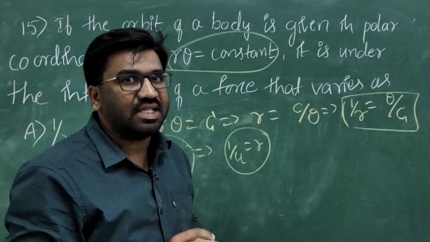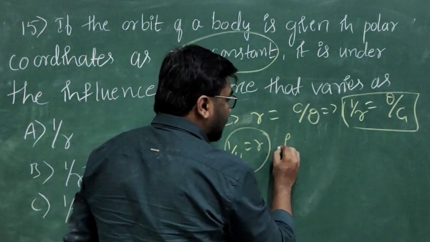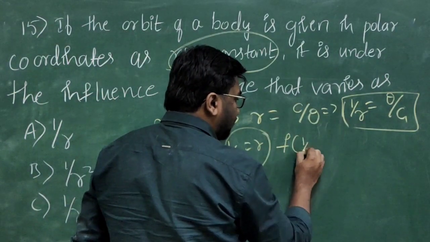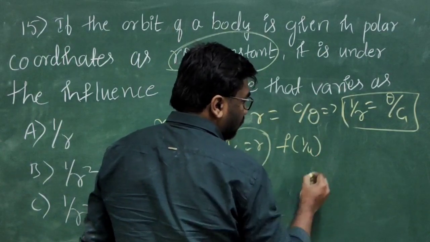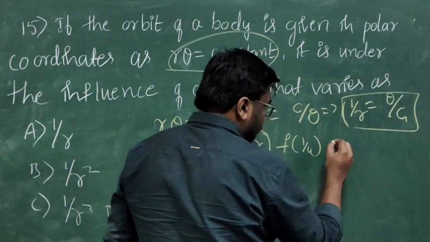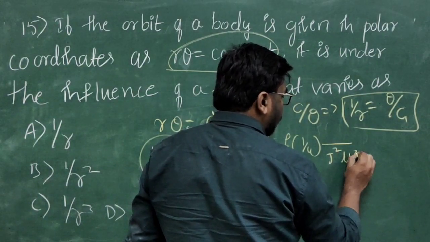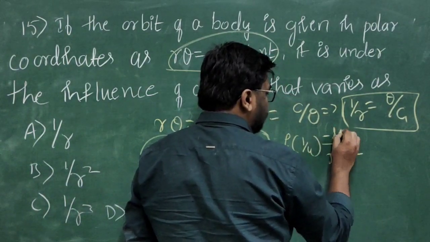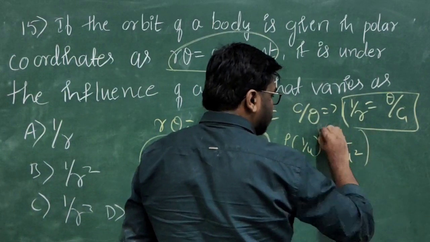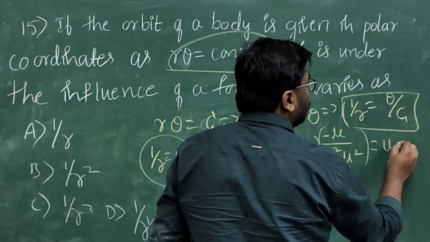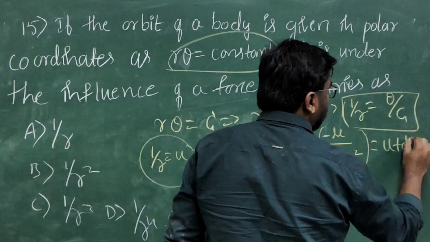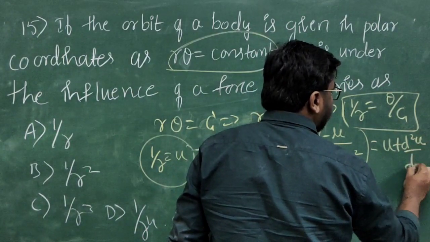But we have an expression that f of 1 by u into 1 by u square divided by j square u square minus mu is equal to u plus d square u by d theta square.